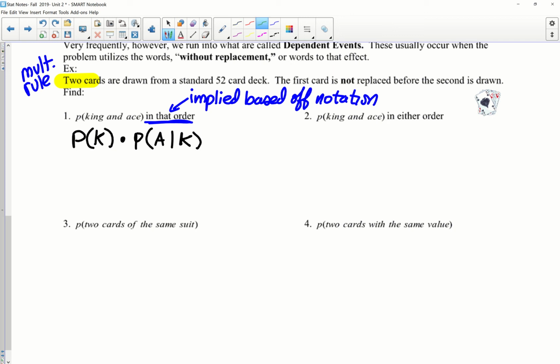This is weird, so I'm going to explain. That vertical line means given that. All right. It's a condition.